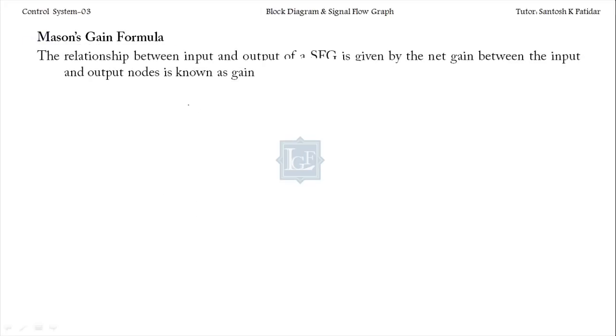The net gain between the input and output nodes of an SFG is known as gain. So Mason's gain formula is used to get the overall transfer function. You'll be given a complicated SFG diagram.